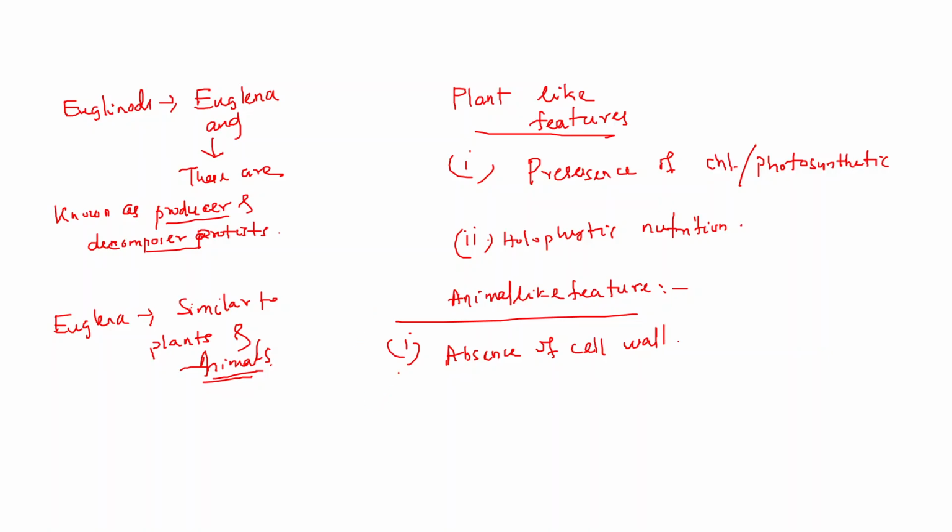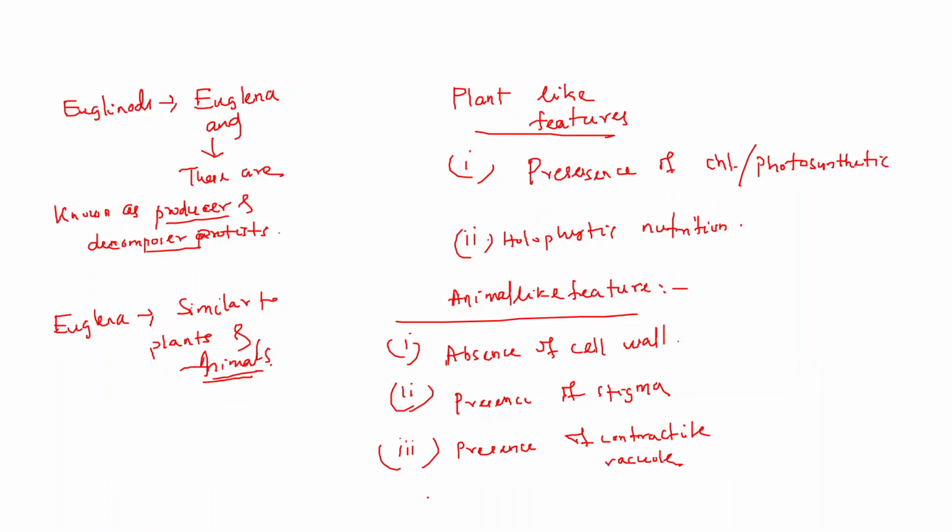So, absence of cell wall. In animals also, the cell wall is not present, so it is an animal-like feature. Other animal-like features are the presence of a stigma, the presence of a contractile vacuole, and longitudinal binary fission.